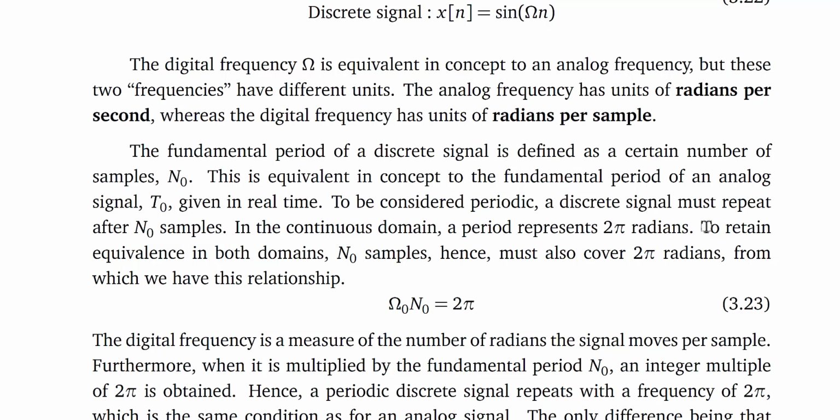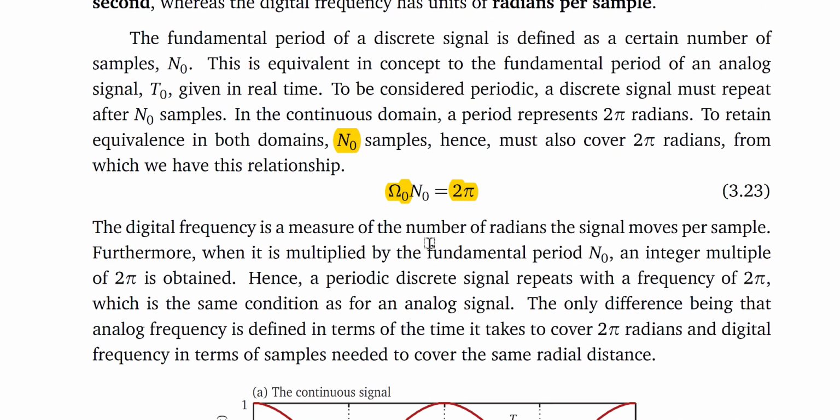And of course, for the discrete signal, we want to retain the same equivalence. So that means that in a discrete signal, N0 samples must also cover 2 pi radians. So from that we can write this equation: the fundamental frequency of the discrete signal times this fundamental period is equal to 2 pi. In other words, in N0 samples, the signal covers 2 pi radians.